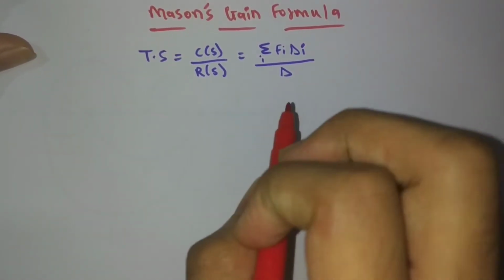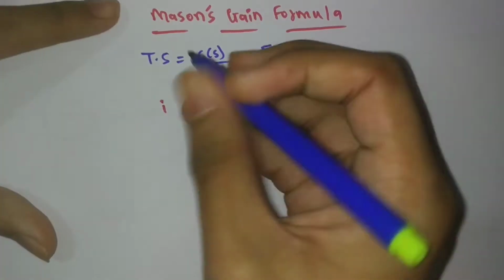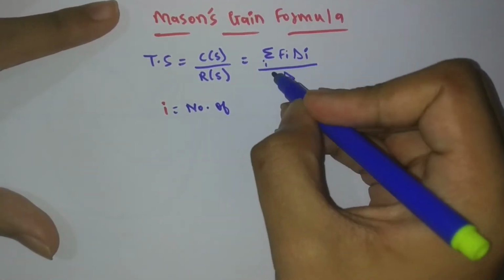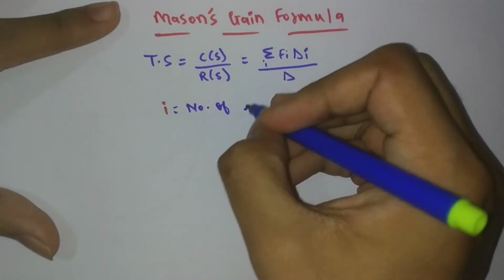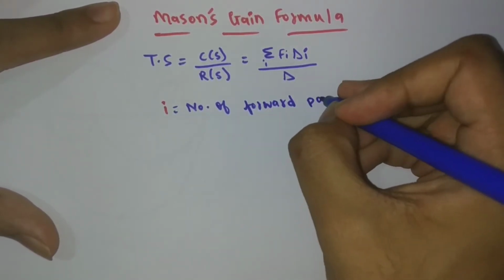But before that, there are a few things that you have to remember, that is I. These are the number of forward paths.